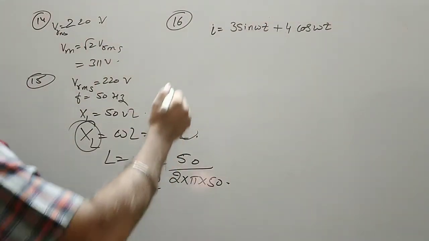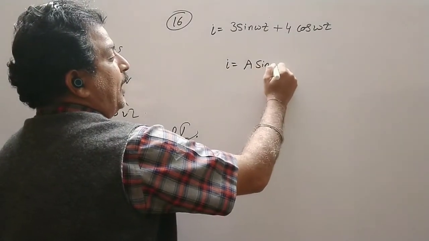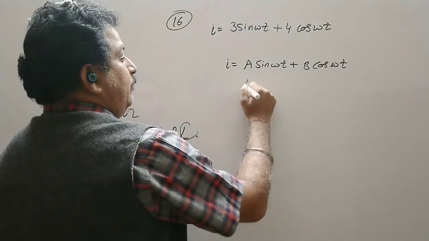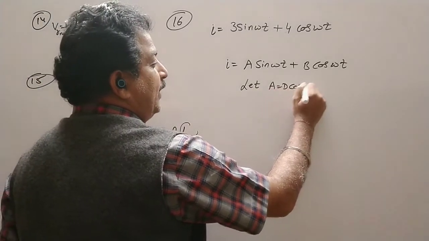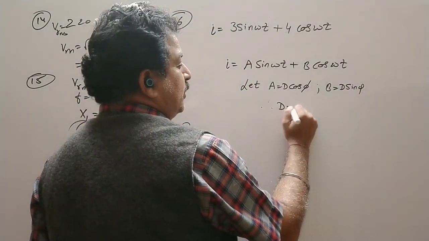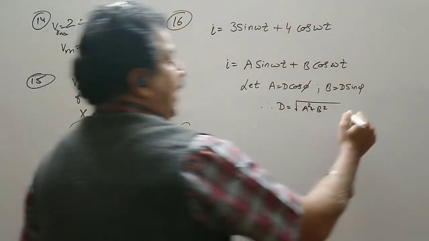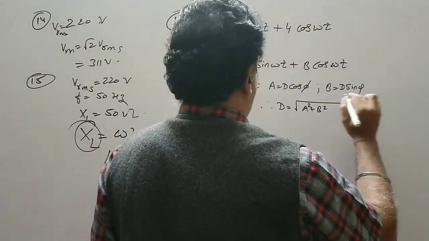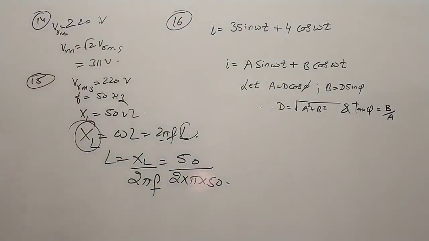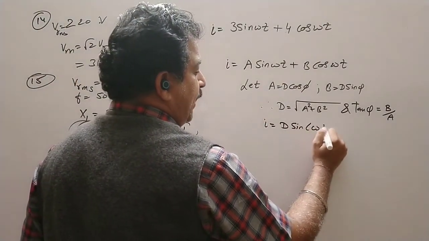So if I compare this equation, in 11th if you remember, if I is equal to A sine omega t plus B cos omega t, then we substitute A is equal to D cos phi, B is equal to D sin phi, and therefore D was equal to under root A square plus B square, that is you square and add the equations, and tan phi is equal to sine divided by cosine, that is B by A. So that equation was written as I is equal to D sine of omega t plus phi.